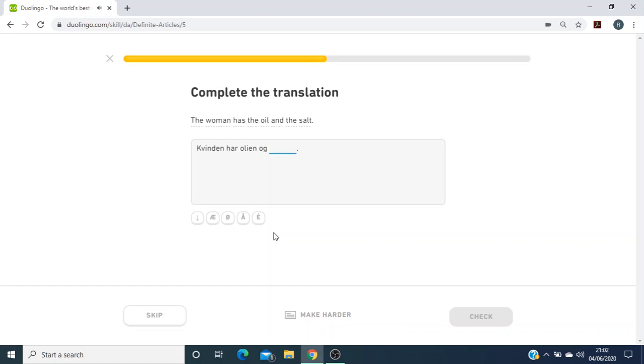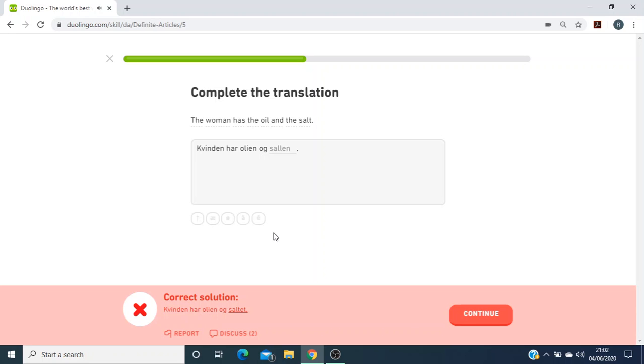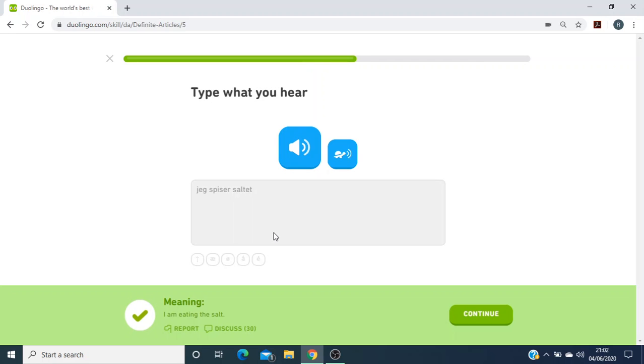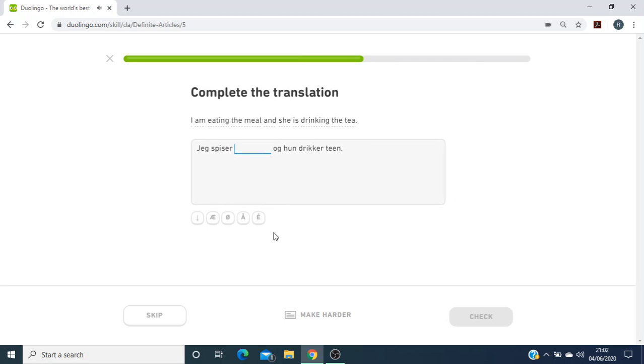The woman has the oil and the salt. Oh, saltet. Jeg spiser saltet. Yeah, spiser saltet. Making sure I don't make that mistake again. I am eating the meal and she's drinking the tea. Yes, spiser.